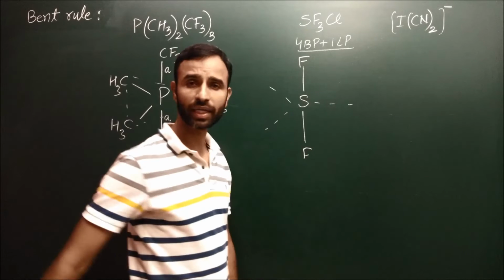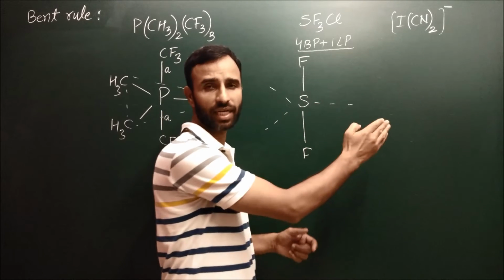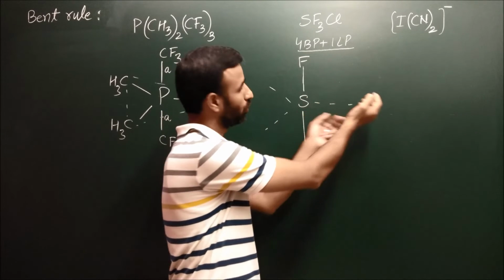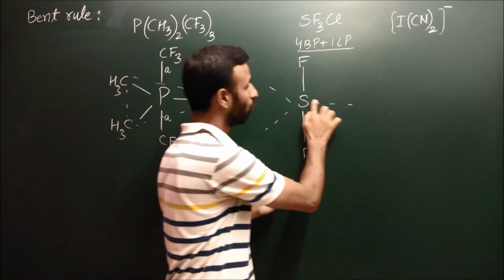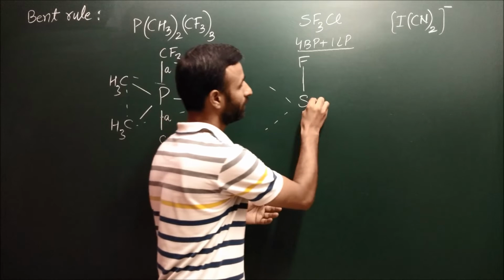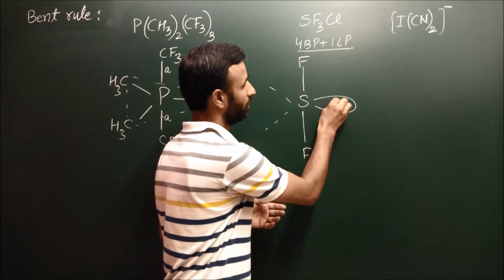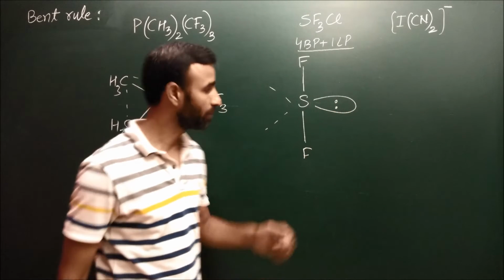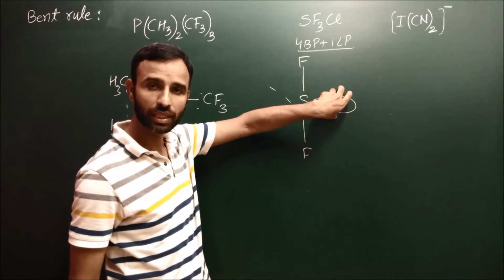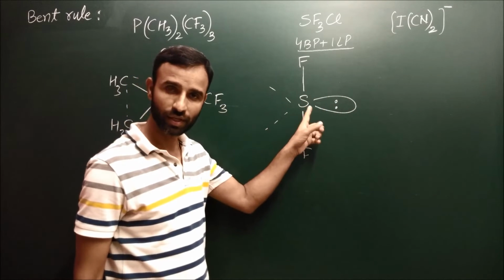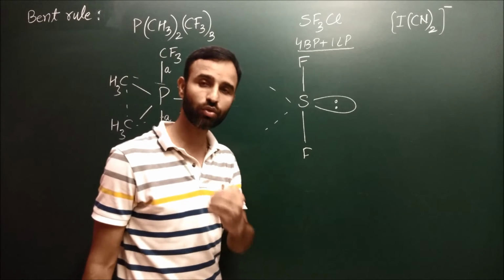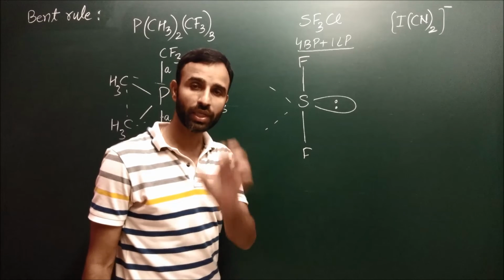Lone pair is just like a very less electronegative atom attached. So the shared pair is towards the central atom. So the lone pair will occupy the equatorial position, because lone pair means electron density is very close to the central atom, and electron density closer to the central atom means it is s rich.